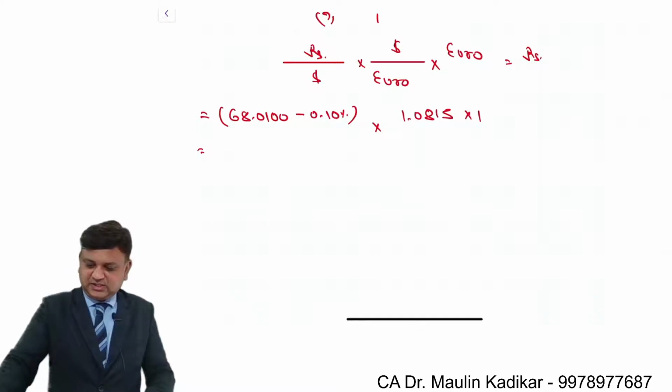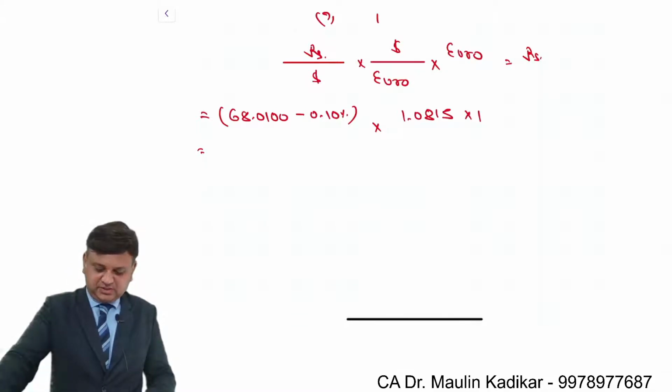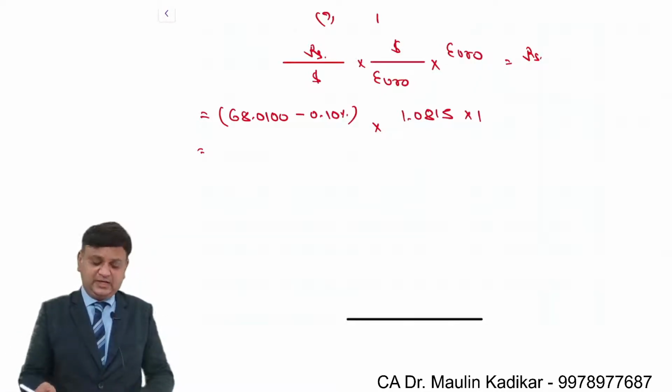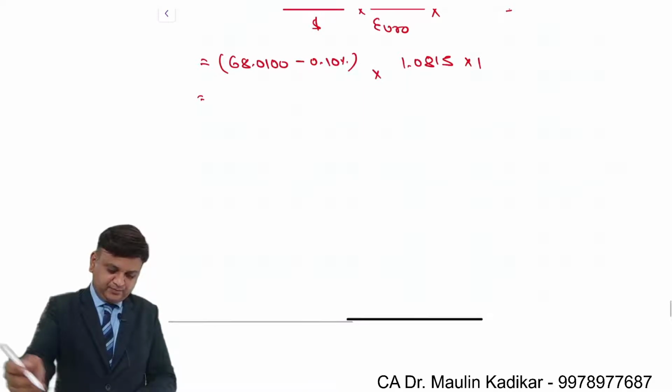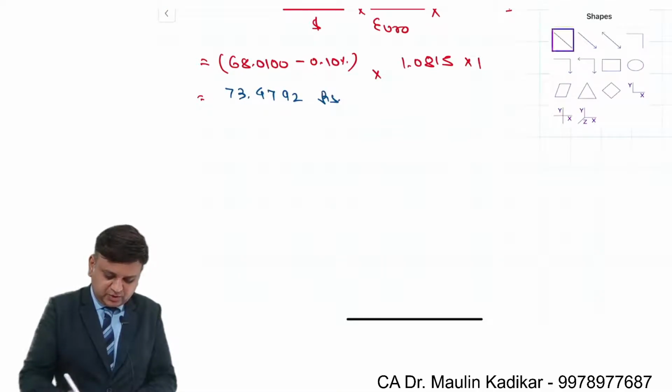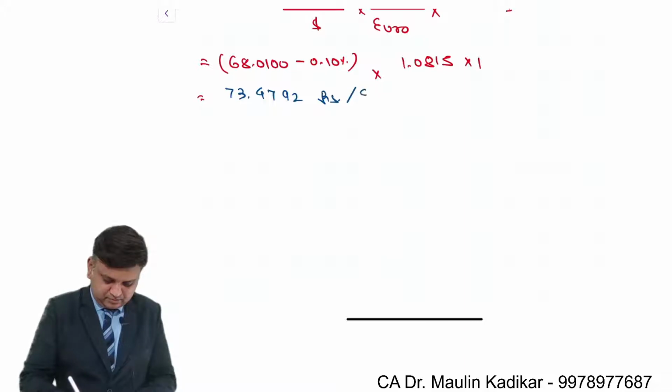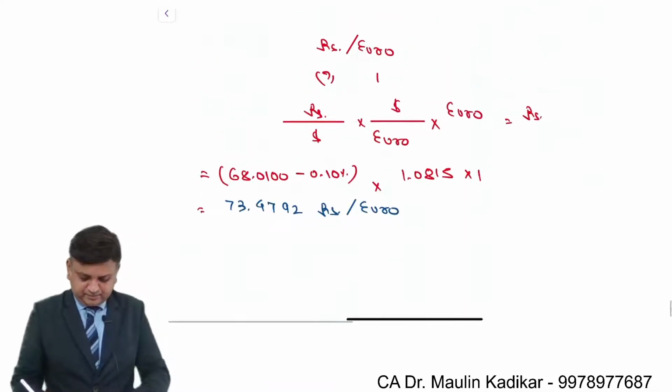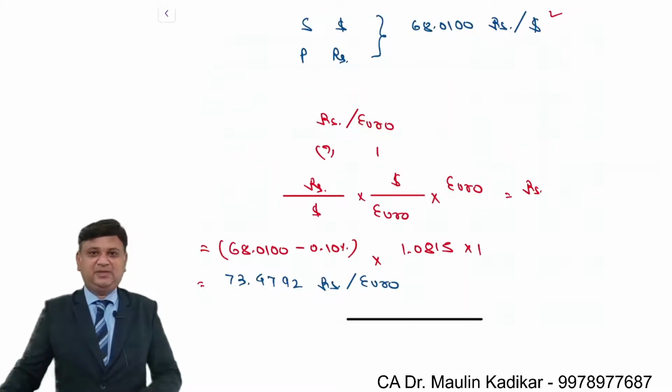So the answer is 68.01 minus 0.10% into 1.0815, that comes to 73.4792 rupees per euro. That is the exchange rate applicable.